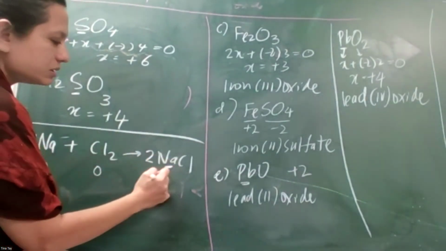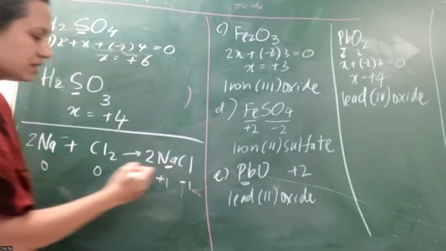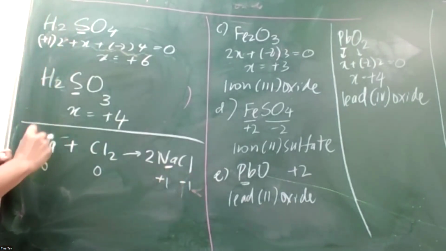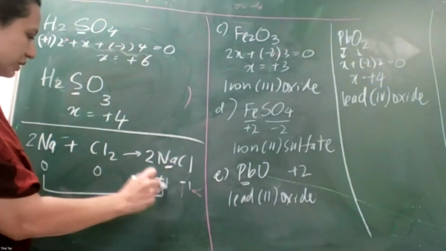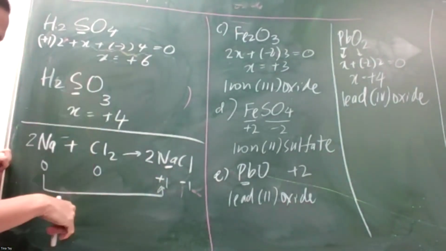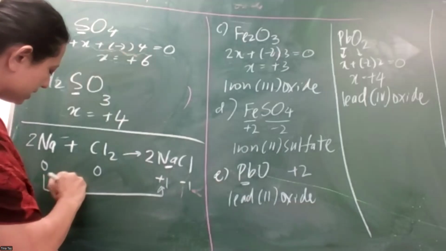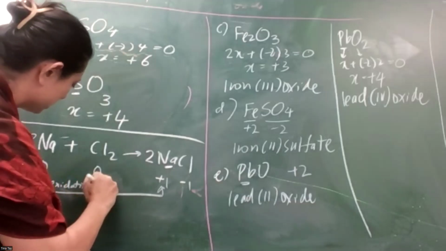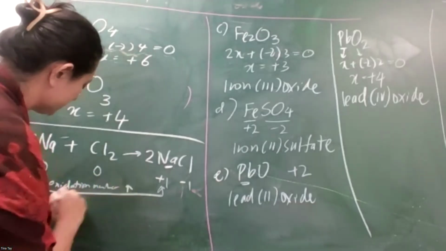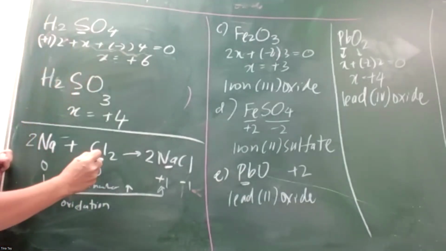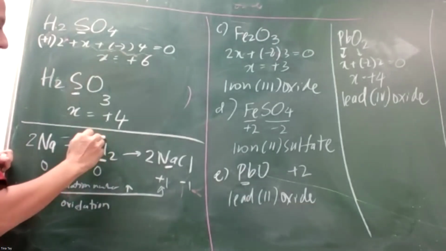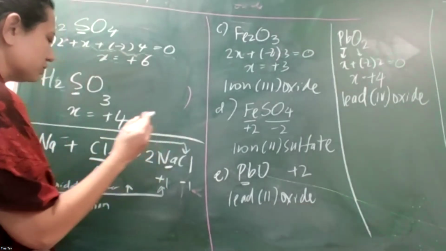So sodium is positive one, chlorine is negative one, right? So sodium goes from zero to positive one. So the oxidation number went up or went down? Went up. This is oxidation.